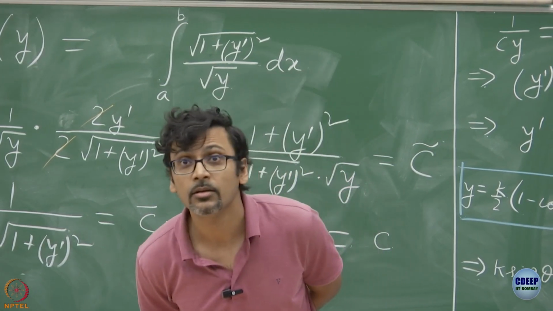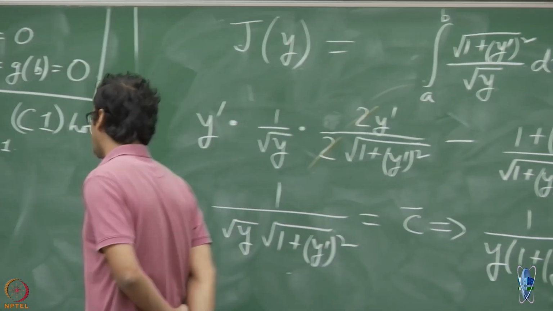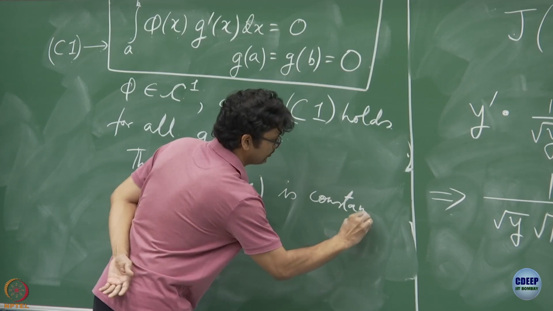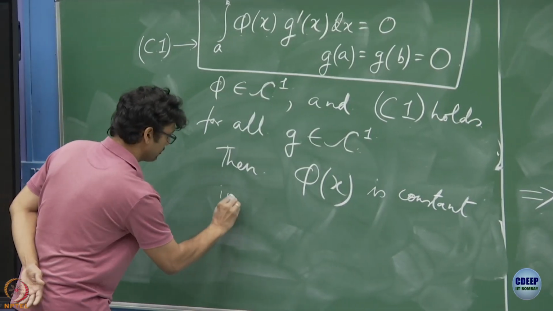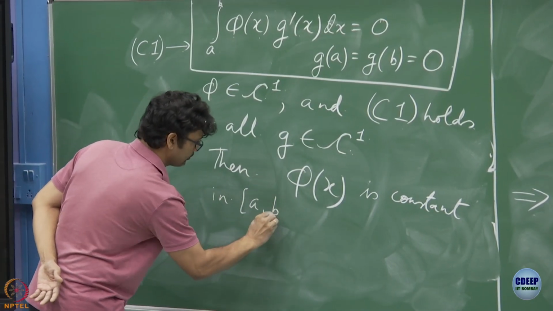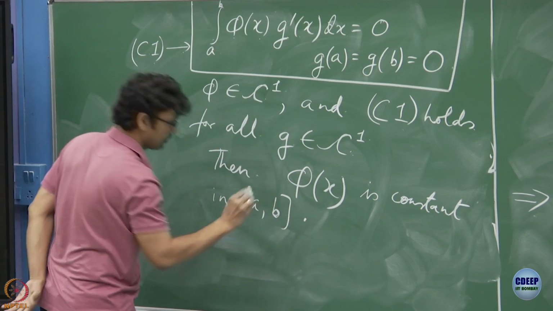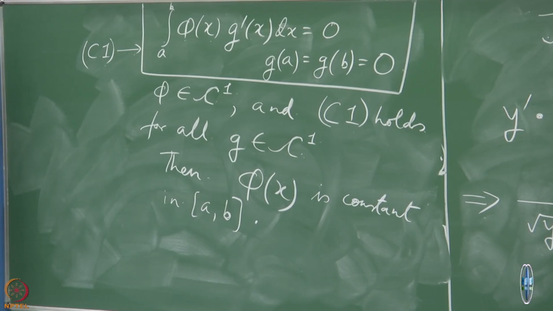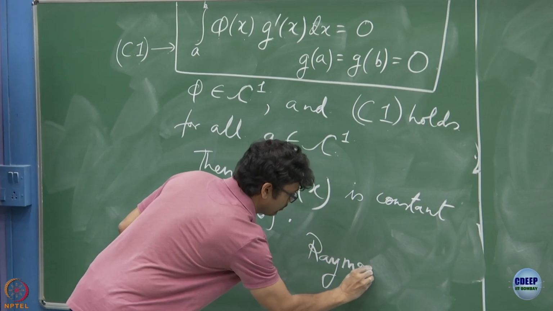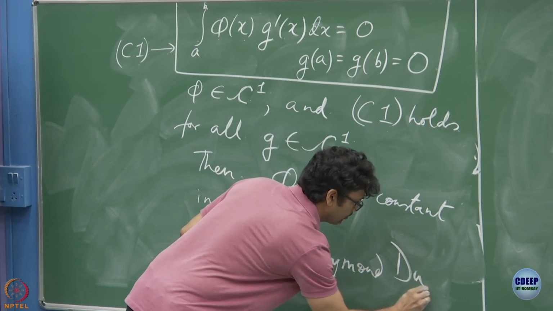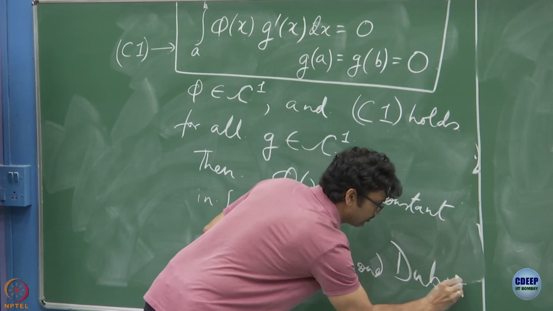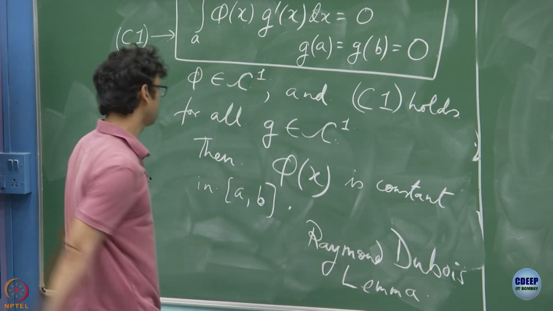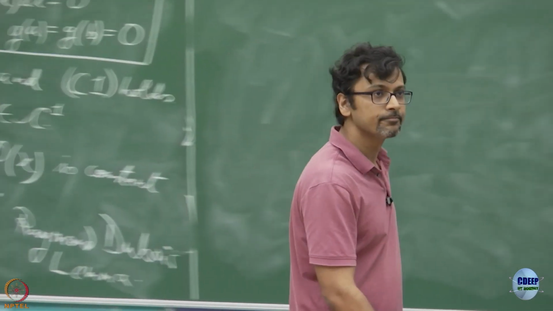Sorry? A constant. Very good. That's a good guess. But how to establish this? How to prove this? This is the Raymond-Dubois lemma. Okay.